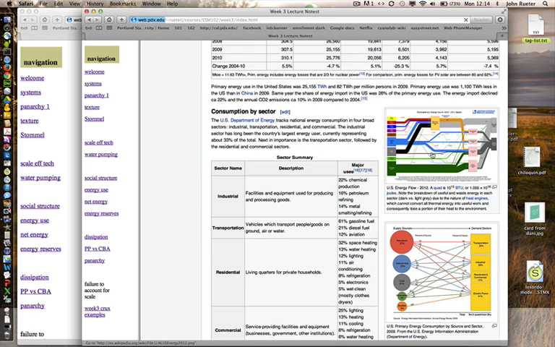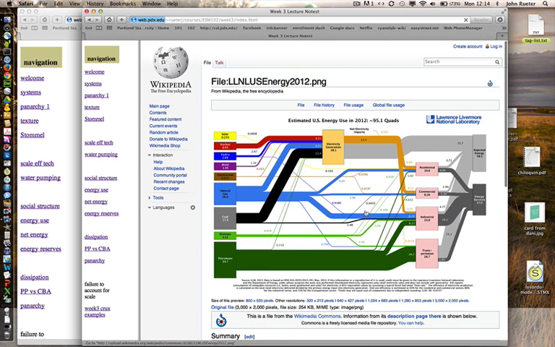Now, I want to explore where that energy comes from, and I'm going to use two different diagrams. First, this one, which is a really nice diagram because it's a systems diagram of the energy generation and use in the United States. Over on the left is where that energy comes from. Over on the right is what sector it goes to. Again, you have electricity generation, which then feeds some of these other sectors.